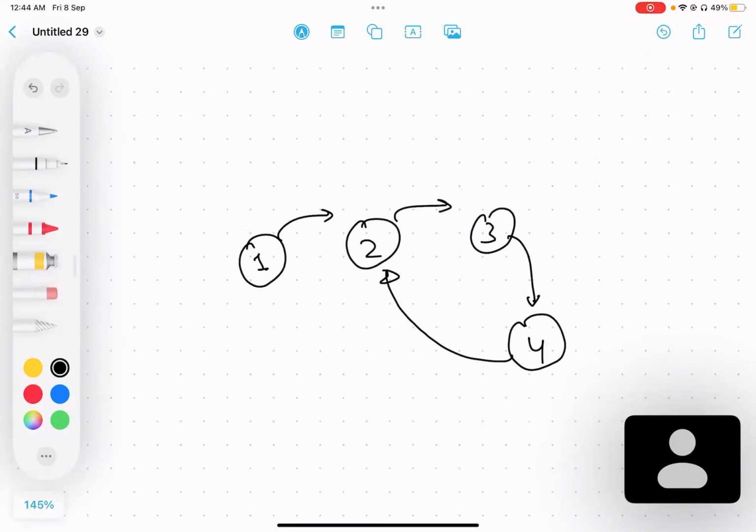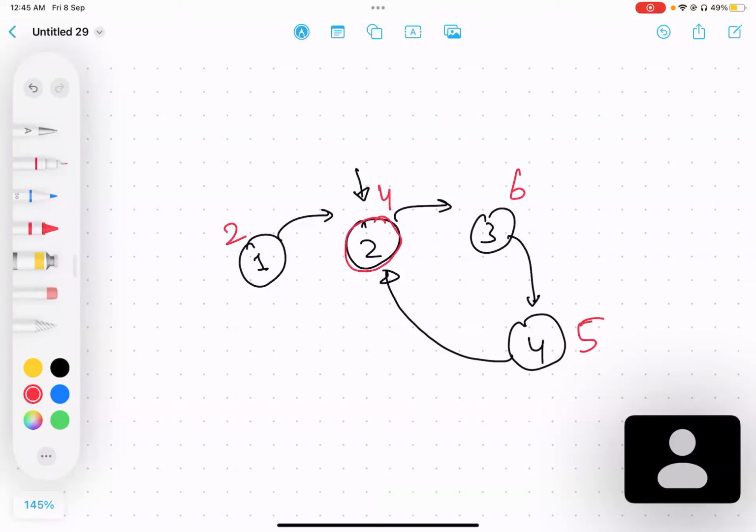Let's also give some costs here. Let's say this is cost 2, this is cost 4, this is cost 6, and this is cost 5. Let's say you decided to sell this 2 first.